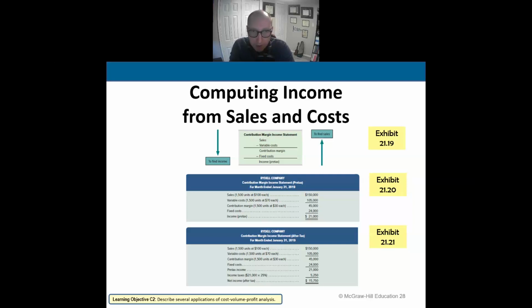Now, if I apply the margin of safety here, meaning I'm selling about 20% above, then that should be reflected in my net income. So in this example below, we see sales minus variable cost equals contribution margin minus fixed cost equals net income. We see that in both before taxes and after taxes, we have done better than breaking even.